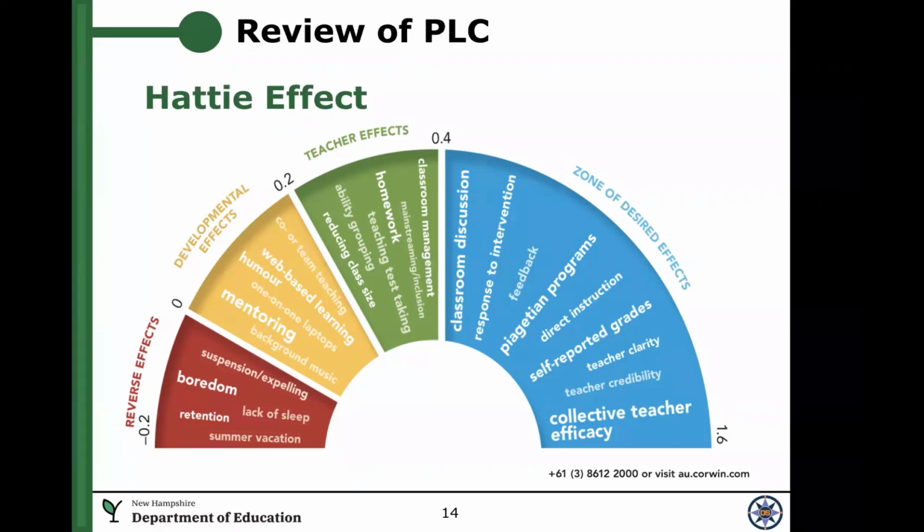If kids are bored in a classroom, it's not going to deepen their learning. But as we go all the way through here, what he found had the most desired effect on student learning is collective teacher efficacy. That's teachers working together to create an environment where it is a common goal to achieve student learning.